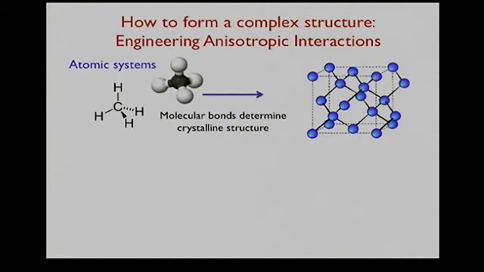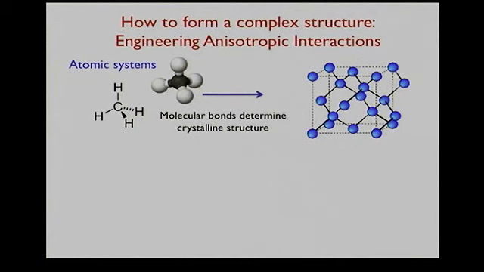An alternative approach can be thought of if we're looking at atoms. Atoms typically have bonds which are very well defined and have particular geometry, and this is why, for example, carbon with bonds organized in this tetrahedral form can form diamond lattice. So how is it possible to use this for particles?